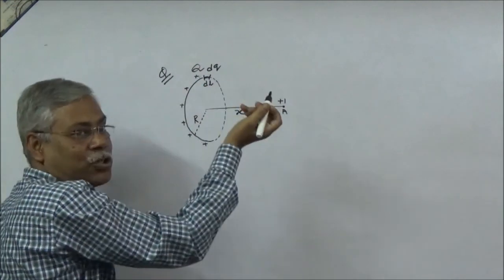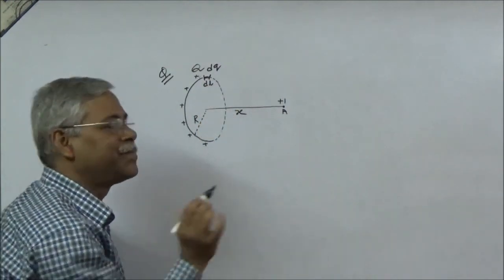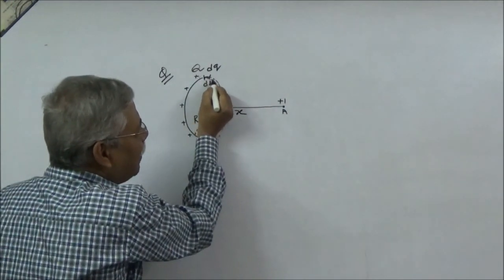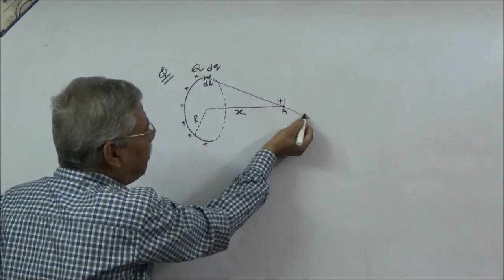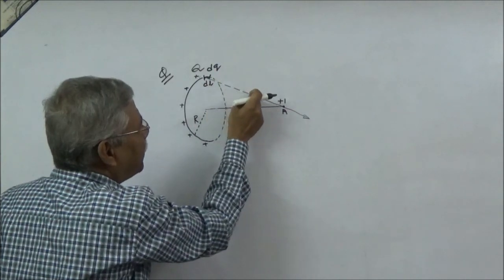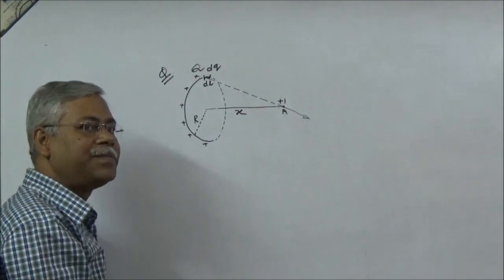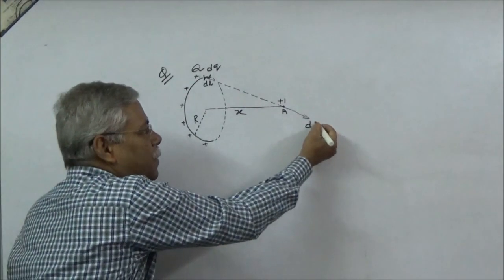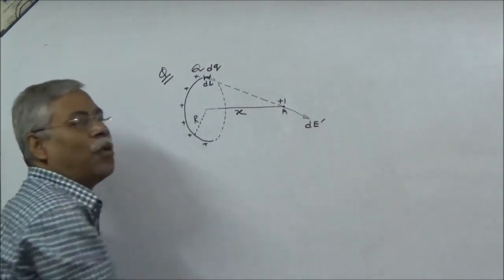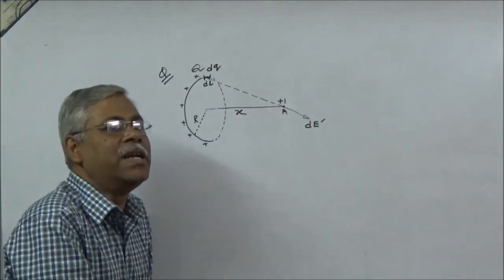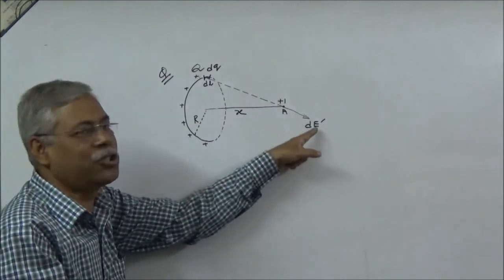This may be negative also in some other problems, but during derivation I am assuming this to be plus. So this will repel, giving this force. Since the charge is small, the force is small, and this is dE dash. Since we have assumed +1, that's why I am using E.